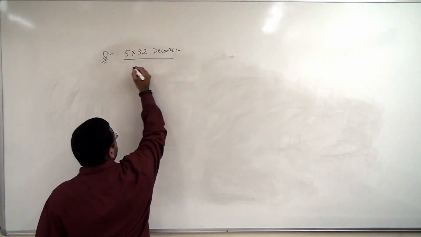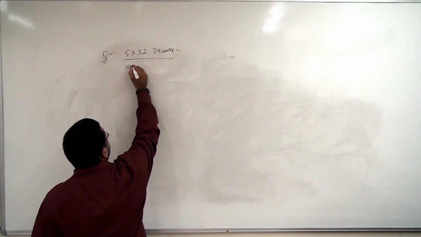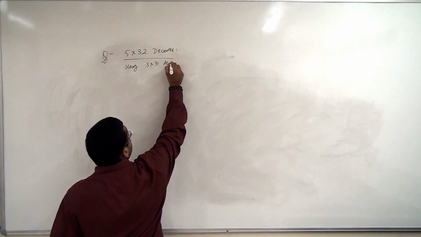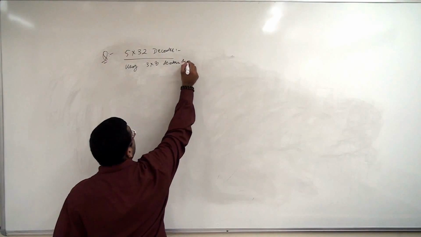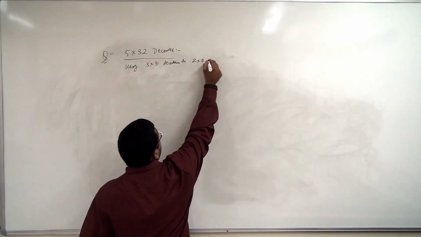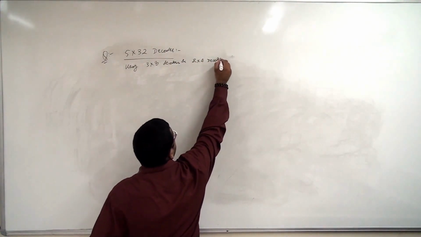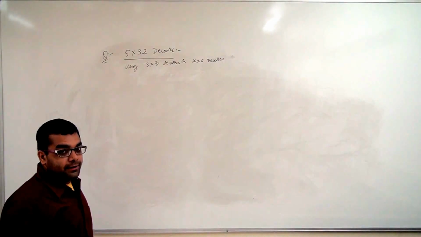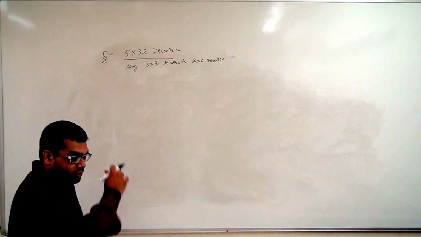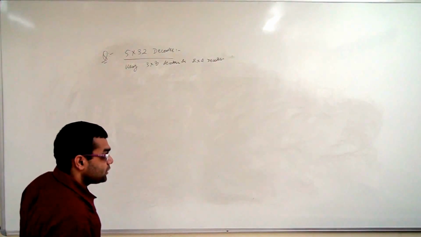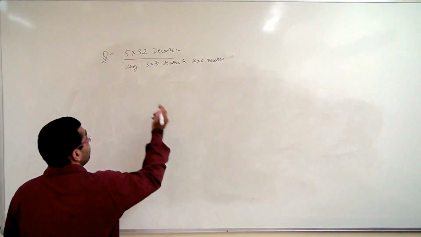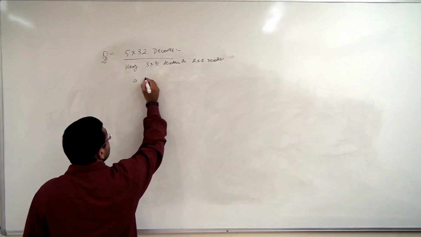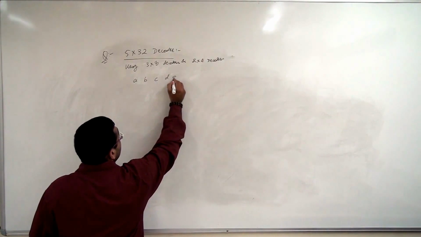Say we make use of 3 cross 8 decoders and 2 cross 4 decoders. Now, first of all, draw the truth table of 5 cross 32 and let us try to understand how this works. Say suppose we have 5 cross 32 decoder, that means we have 5 inputs A, B, C, D and E.